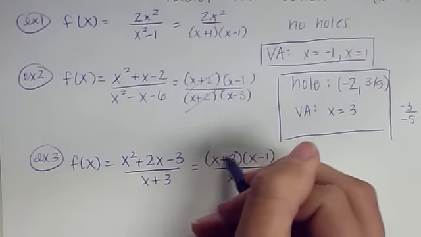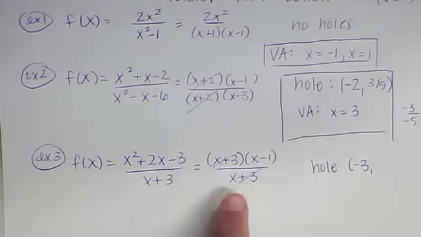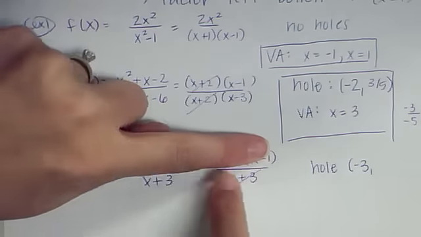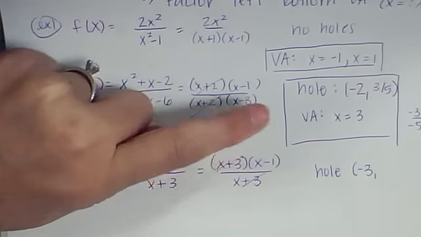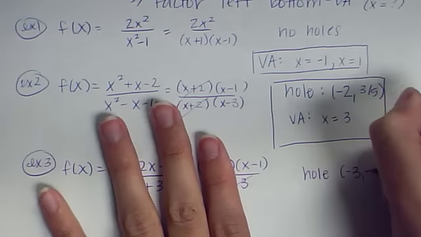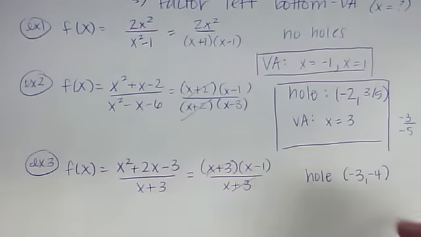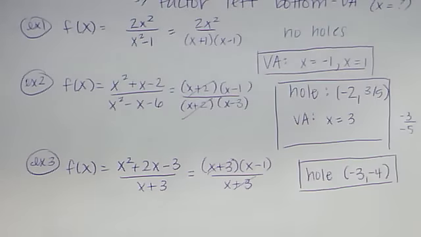In this case, we have a hole because these two factors are the same. So our hole is at negative 3, because negative 3 plus 3 would be 0, so that's where the hole occurs. To find the y, I plug in negative 3 minus 1, which would be negative 4, and get my y value. Because nothing remains in the bottom, on this one there are no vertical asymptotes.